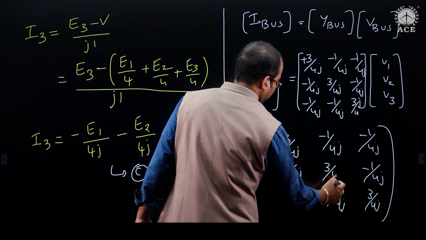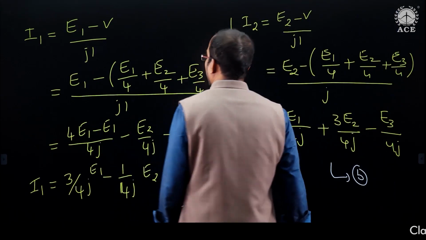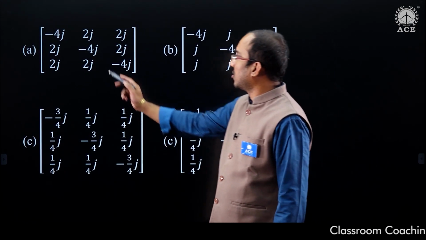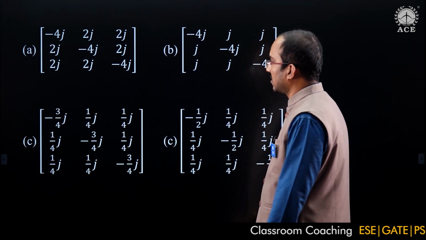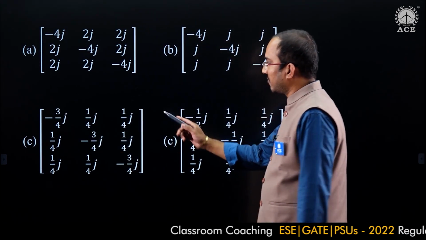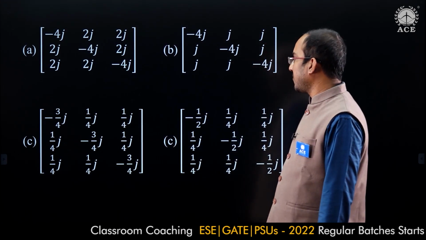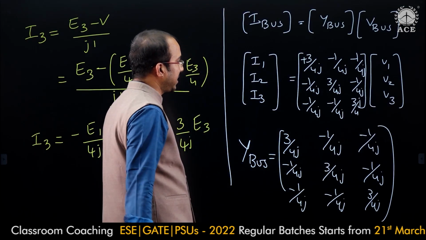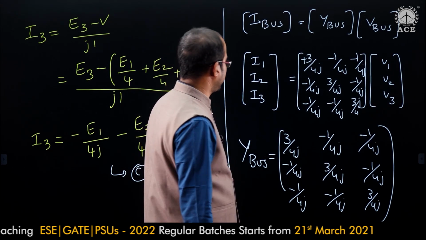Now let us observe the options that are given in the question. So option A will not be the right answer, option B also is not the right answer. But if you observe the answer that we got, here j is in the denominator. So we can write this j in the numerator with a negative sign.